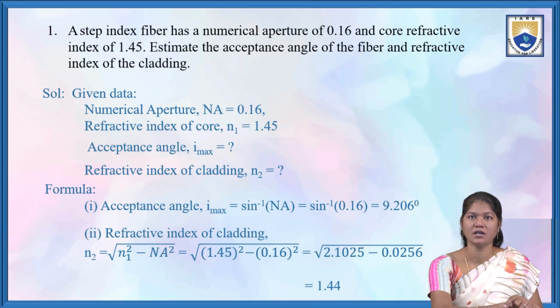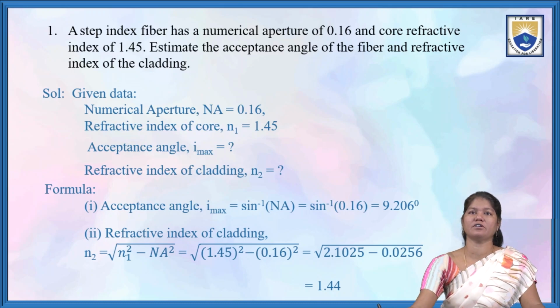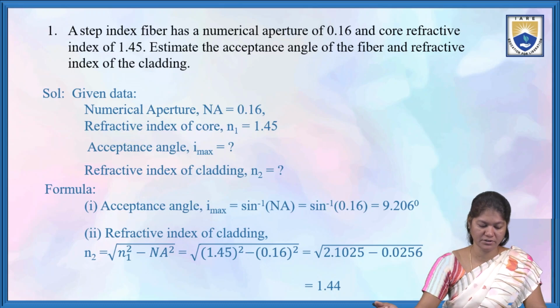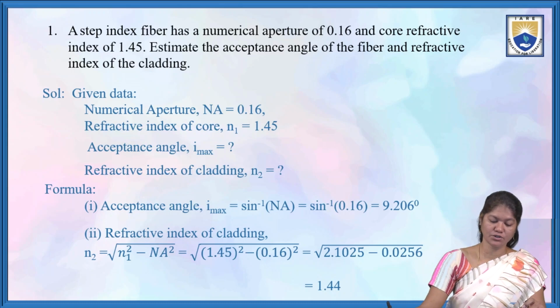So here, the numerical aperture value has been given, and the core refractive index of the optical fiber is 1.45, and we have to calculate the acceptance angle of the optical fiber and the refractive index of cladding. So let's see what data have been given. So let's solve the problem.